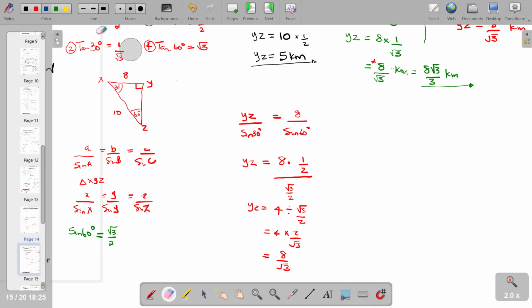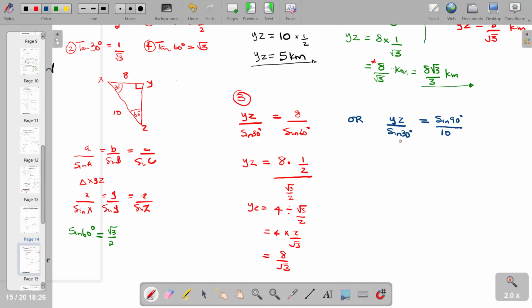Here, it's supposed to be number 3, alternative. So here we are saying YZ over sine 30 degrees is equal to sine 90 degrees over the opposite side of 90 degrees, which is 10.